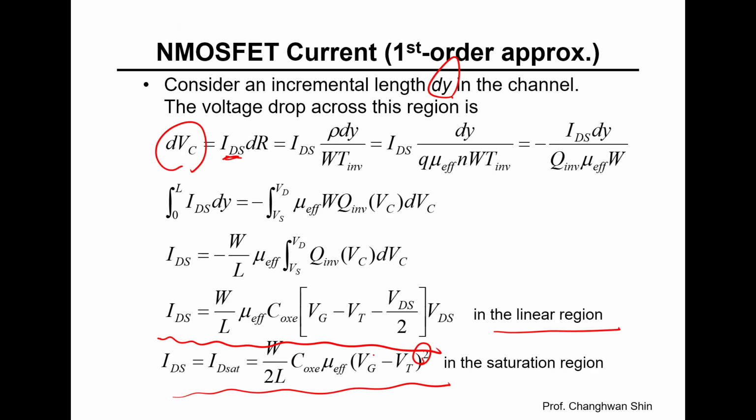When we integrate along the entire channel region, accounting for how the channel voltage varies from source to drain, we arrive at this expression that describes how the drain current depends on the terminal voltages. The current increases with the gate voltage and initially increases with drain source voltage, but the rate of increase diminishes as VDS grows because of the negative quadratic term.